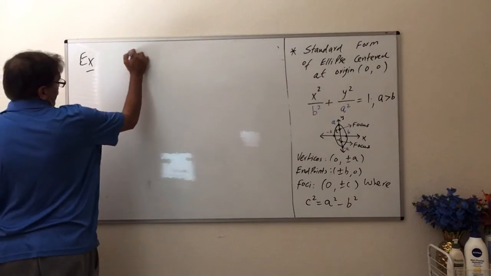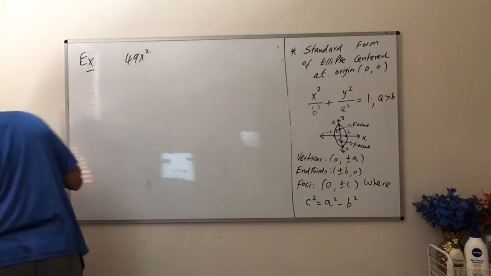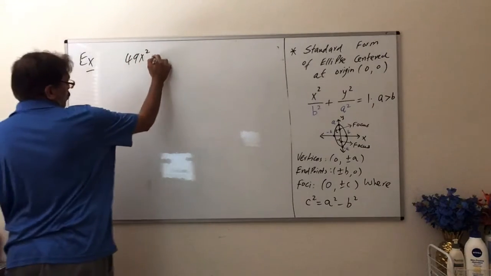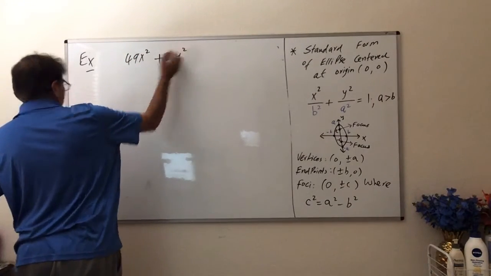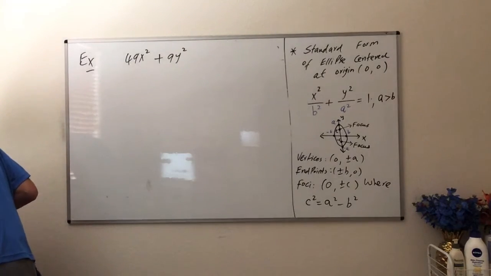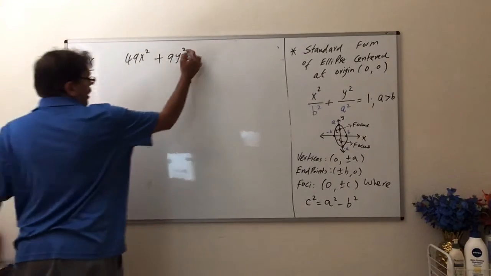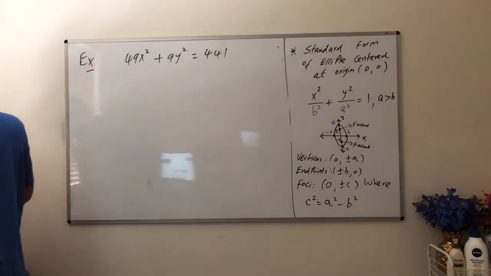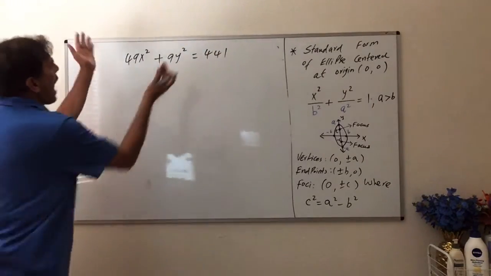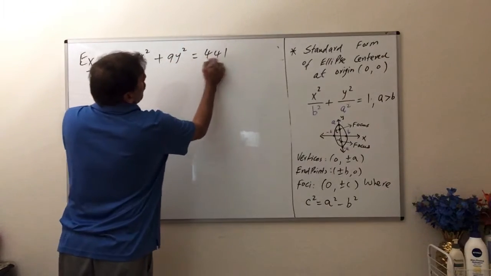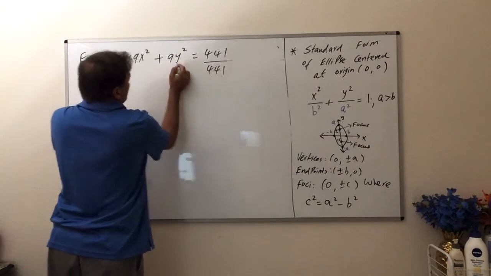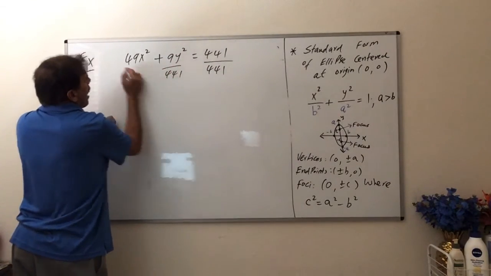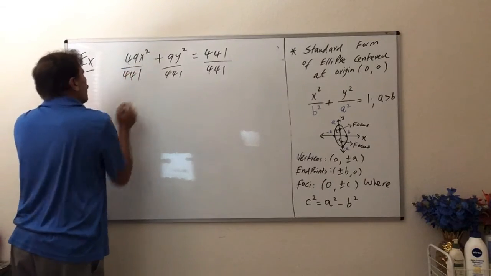So this one is 49x squared plus 9y squared equals 441. Okay, so this one already has a plus, x and y on the same side, so make sure you divide everything by 441.